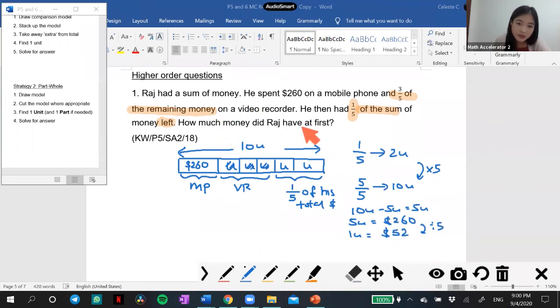How much money did Raj have at first? That means I want everything. 10 units, the entire model. You have 1 unit already, so take your 1 unit times 10. That will give you $520.